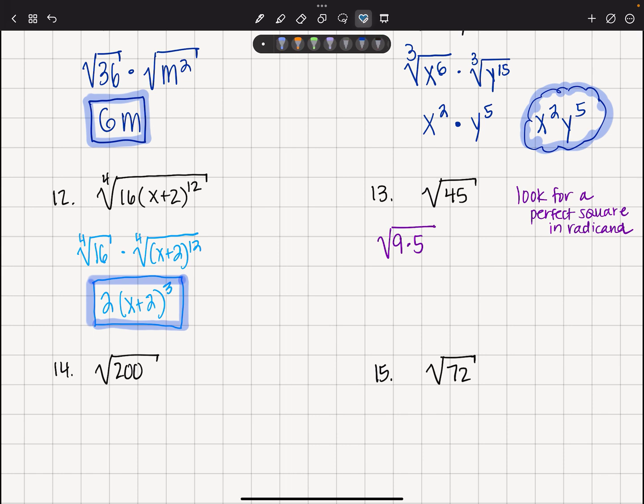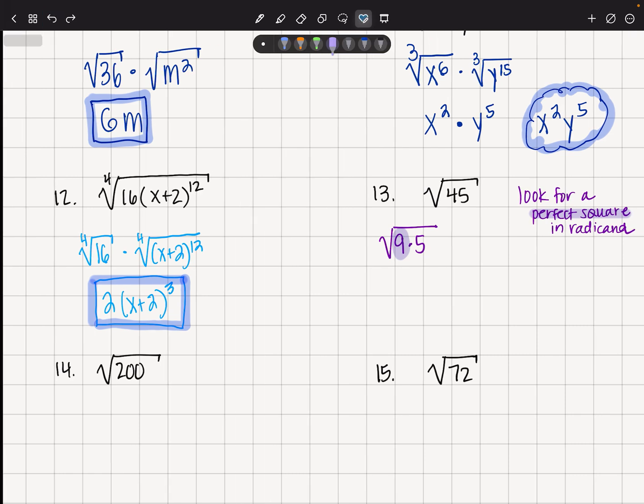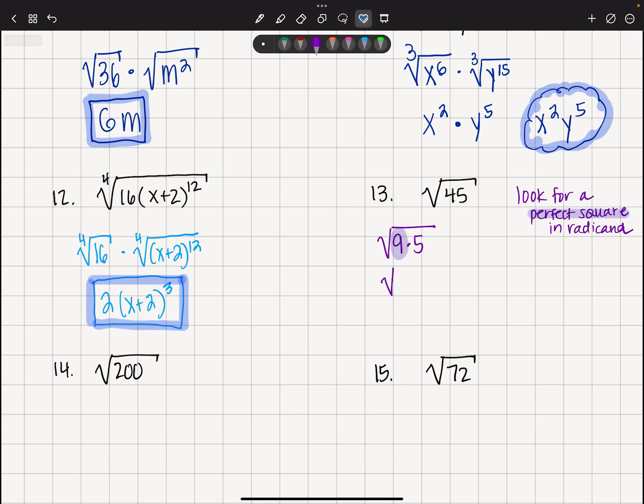So that perfect square in the radicand is the 9. So try to look for a product that multiplies to be the radicand, but in that product, one of the factors is a perfect square. So the square root of 9 times the square root of 5 is going to give us 3 times the square root of 5.